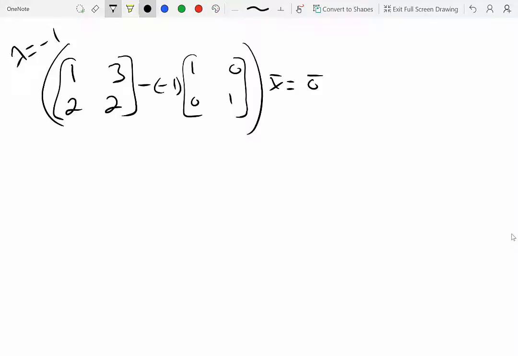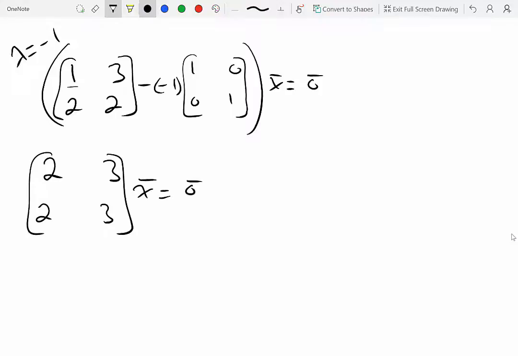So this would be 1 plus 1 is 2, 3, 2, and then 3. And so yet again, trying to find the solution to the homogeneous system, I want the reduced row echelon form of 2, 3, 2, 3.